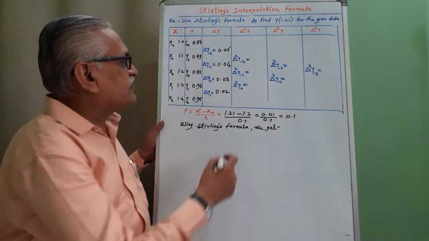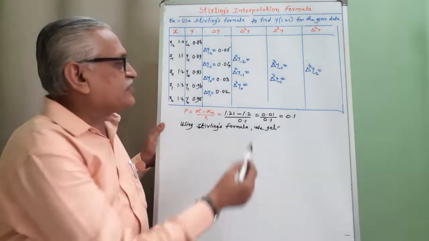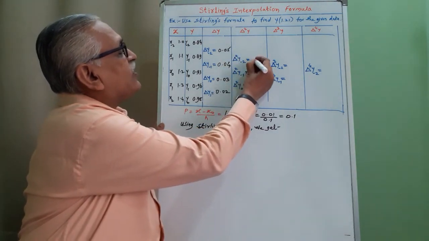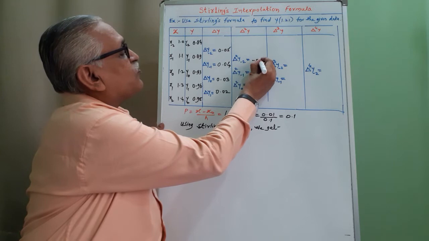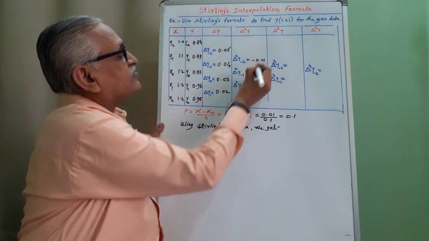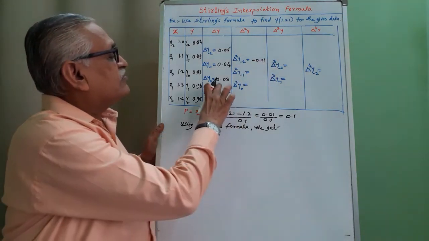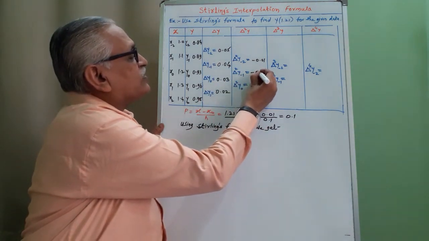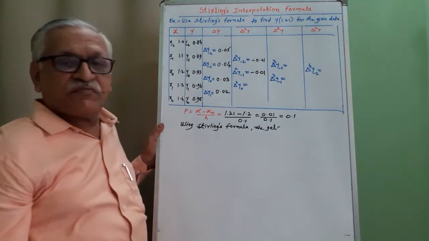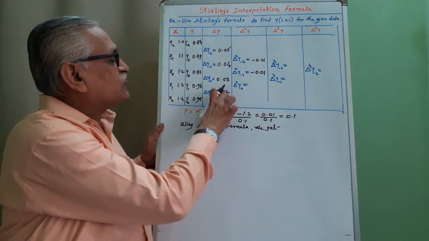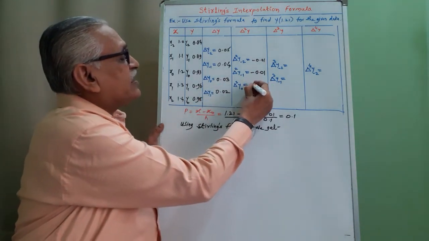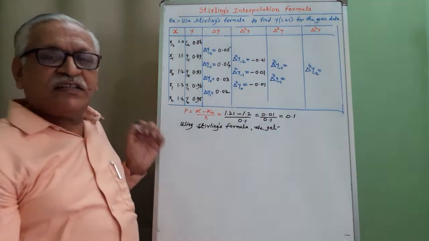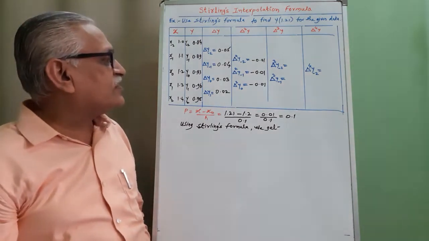Taking the differences of these differences, we get second order differences as 0.04 minus 0.05. We get that value as minus 0.01. 0.03 minus 0.04, again minus 0.01. 0.02 minus 0.03 as minus 0.01. These are the second forward differences.